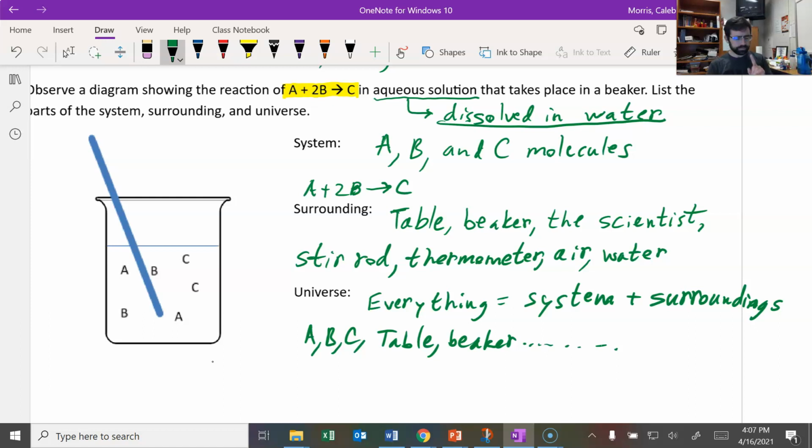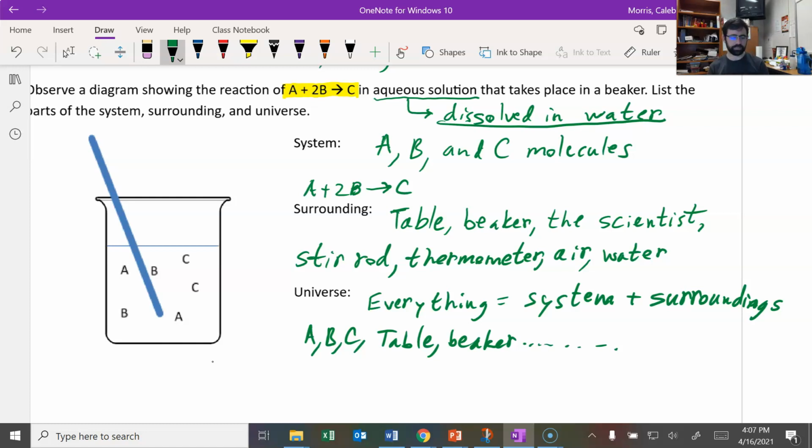Okay. Now, last thing I want to mention to you here is why this is valuable, why this is important. When we're thinking about heat transfer, where the heat is going to flow from or where it goes to and that sort of thing, we really need to think about whether we're focusing on the system or the surroundings.